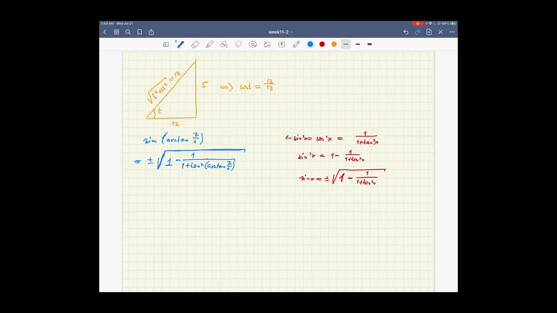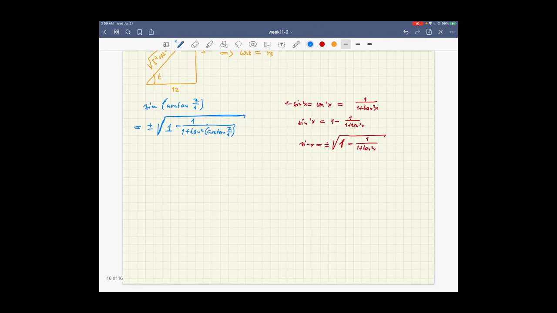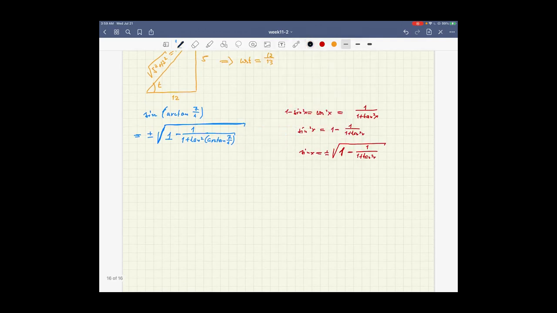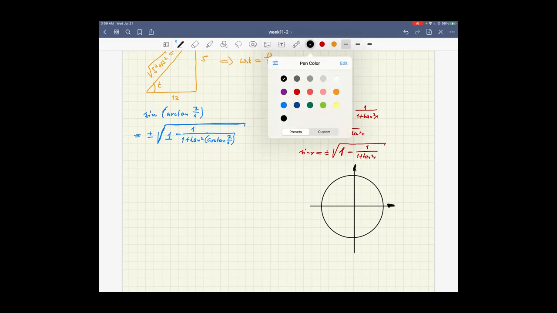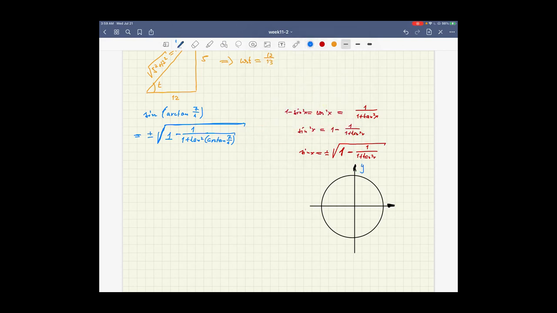All right, where is arctangent of 7 over 4? If we draw the unit circle, it'll be arctangent of 7 over 4.